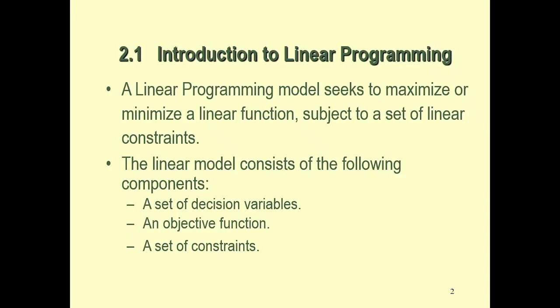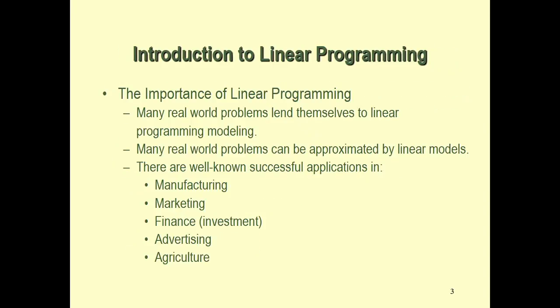It's a difficult concept, but I think when we show it graphically, it helps a little bit. So a linear model, which we're talking about, consists of 3 things, as you guys know. A set of decision variables, an objective function, and a set of constraints. And what's nice about linear programming is there's a lot of real-world problems that can be approximated by linear models.